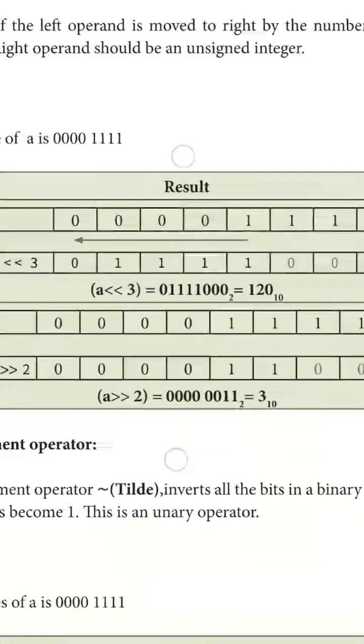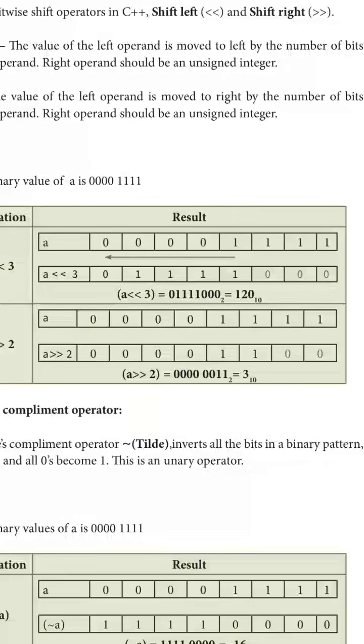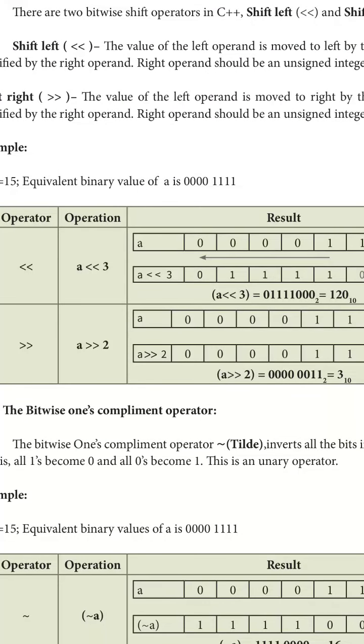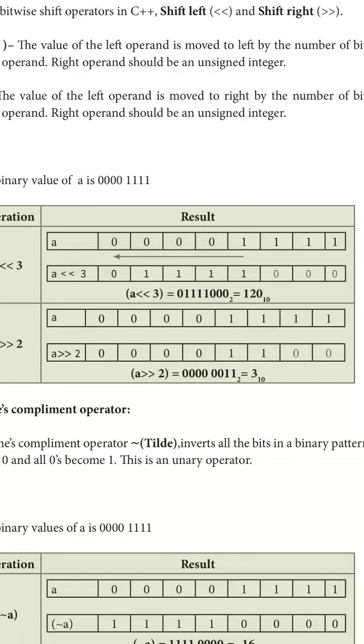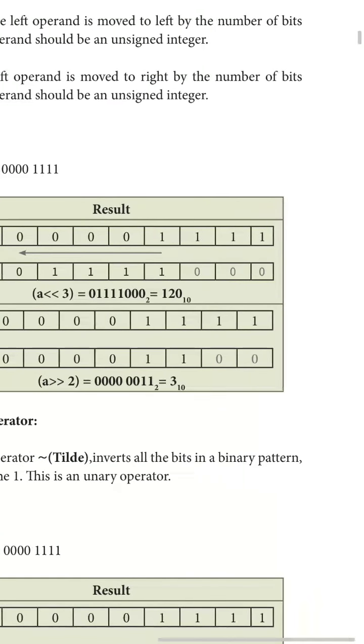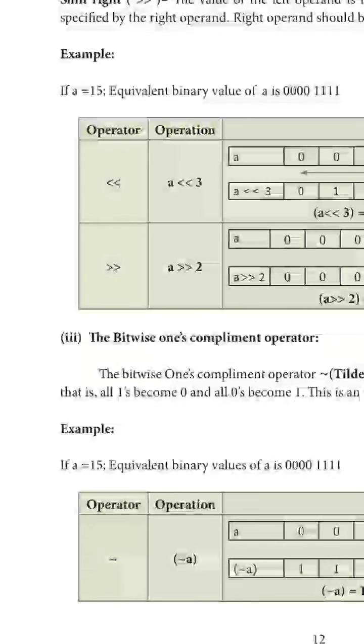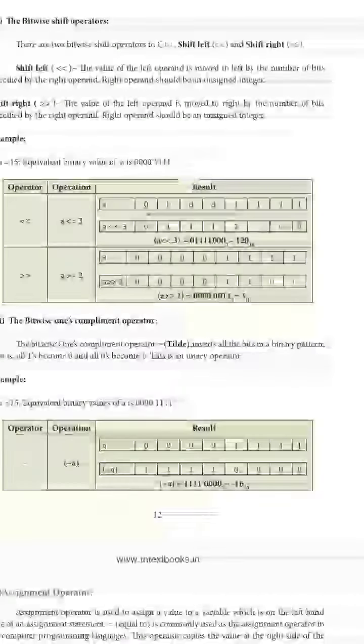Here a is equal to 0 0 0 0 1 1 1 1, but after execution of a less than less than 3, the bits are shifted 3 positions from their original position. The last empty positions will be filled with zeros. The greater than symbol operator moves the values from left to right.